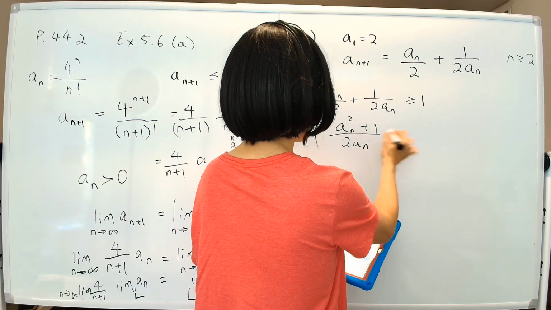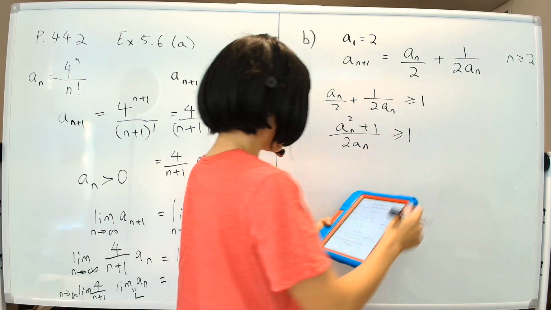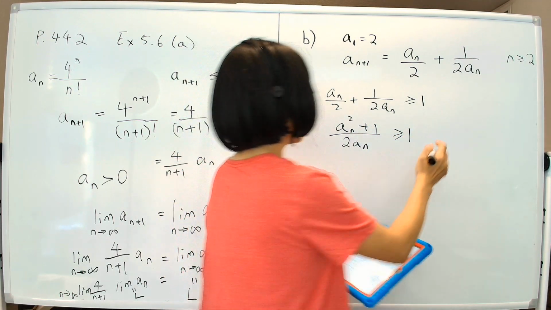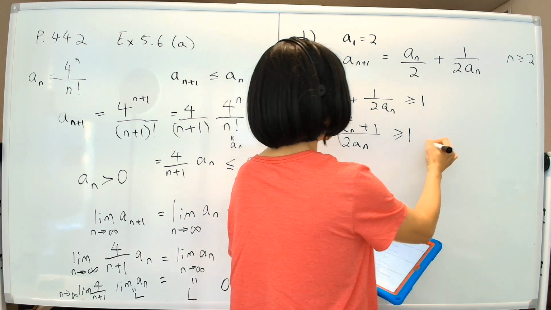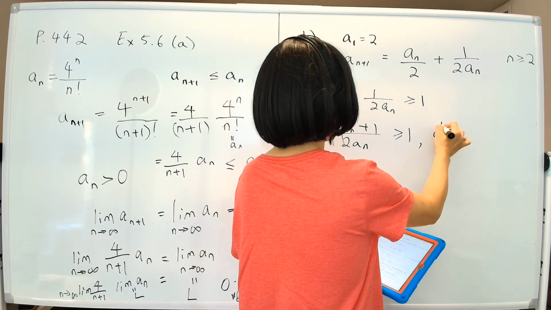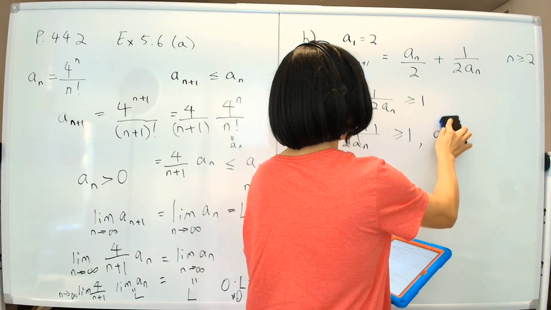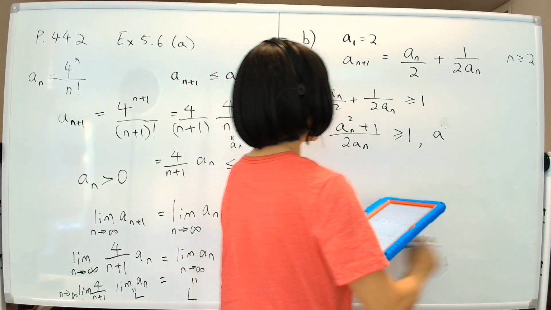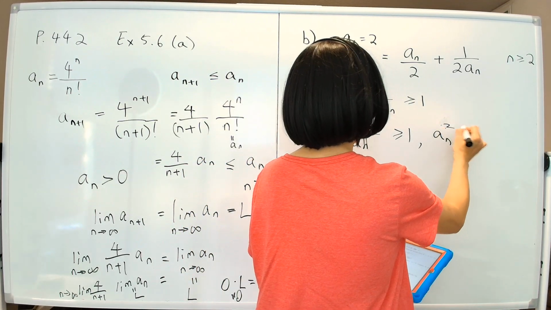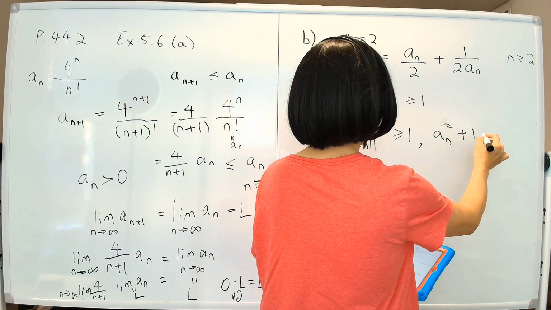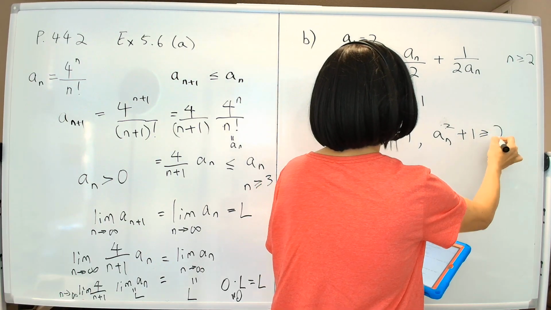Okay, plus 1, over 2an, and that is going to be bigger than or equal to 1, which doesn't get us very far. And so the next step we're going to say is therefore an squared plus 1 is bigger than or equal to 2an.